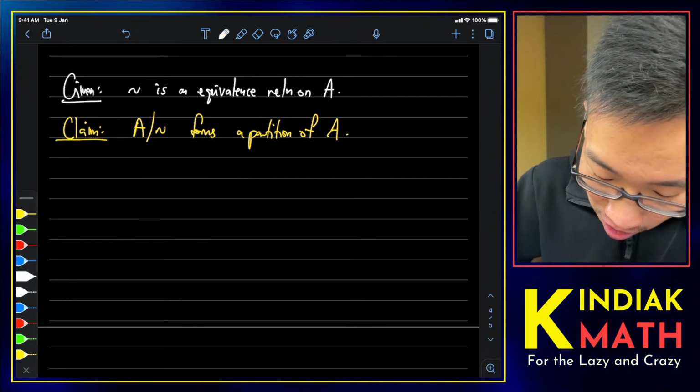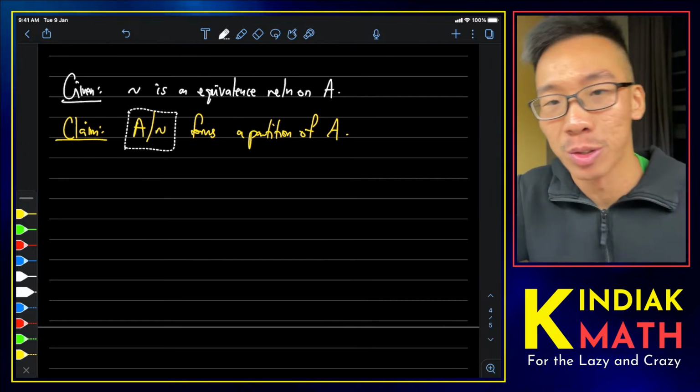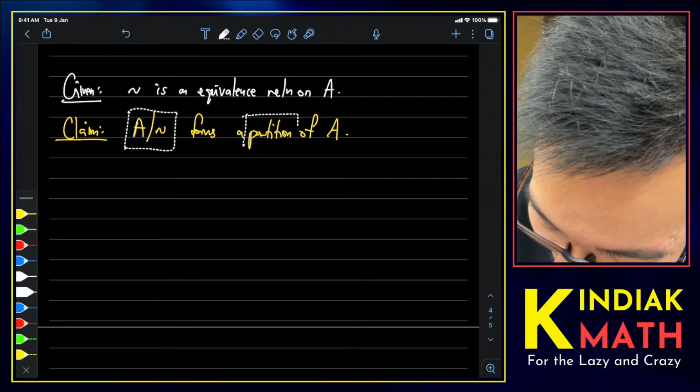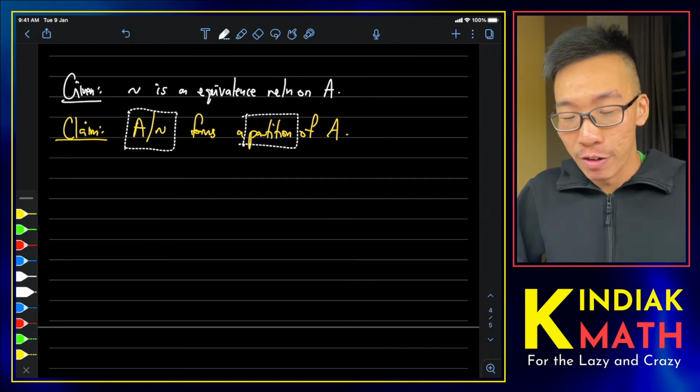Firstly, what on earth does this refer to? And secondly, what on earth does this refer to?